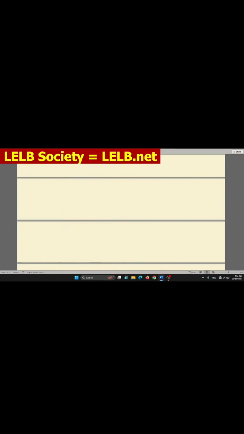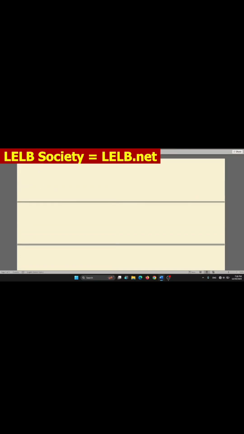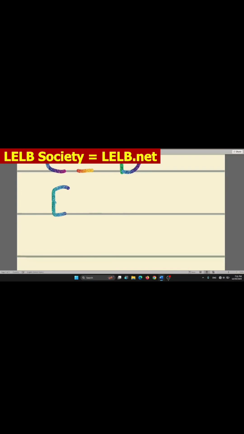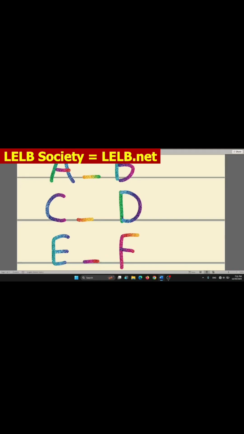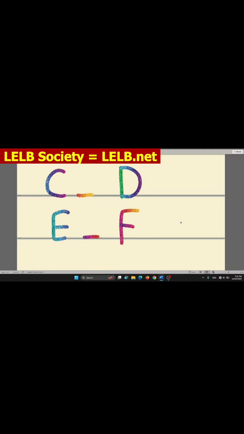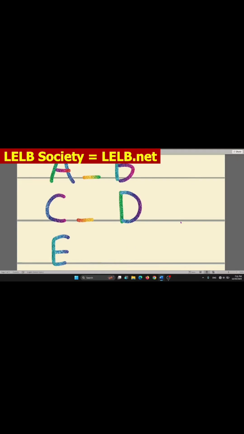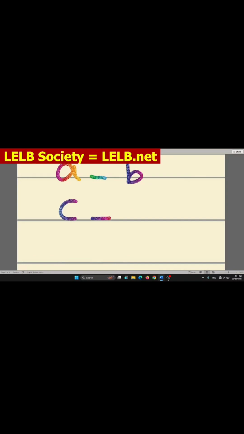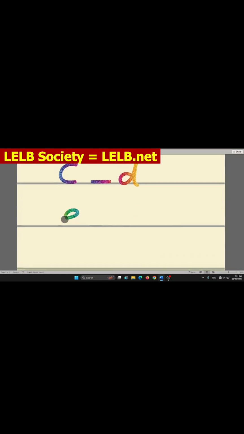So far, six letters from the English alphabet. A, B, C, D, E, F. These are all capital or uppercase letters, and today's letters are E and F. So again, A, B, C, D, E, F. Now let's write the lowercase versions. So a, b, c, d, e, f.